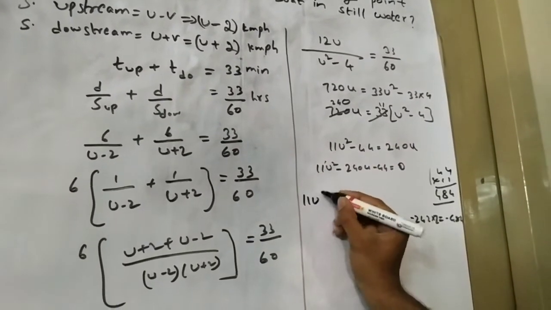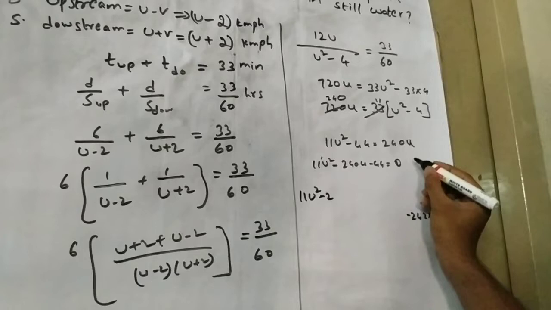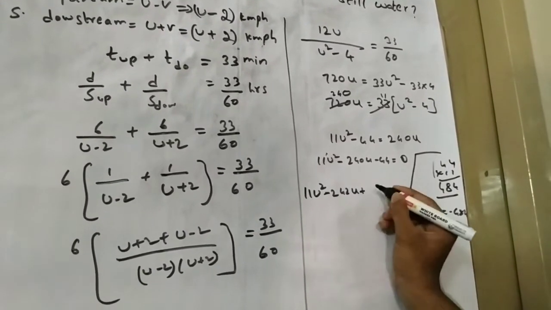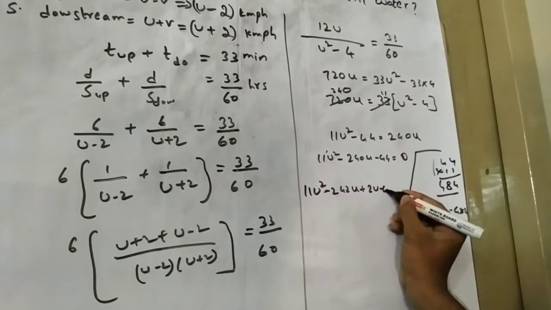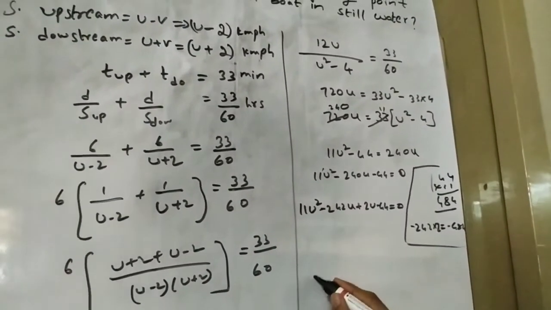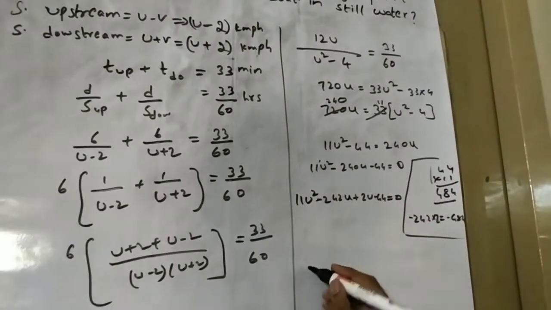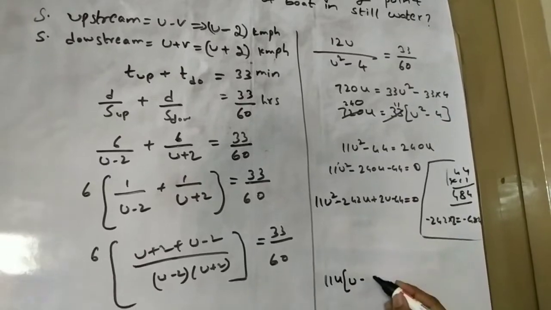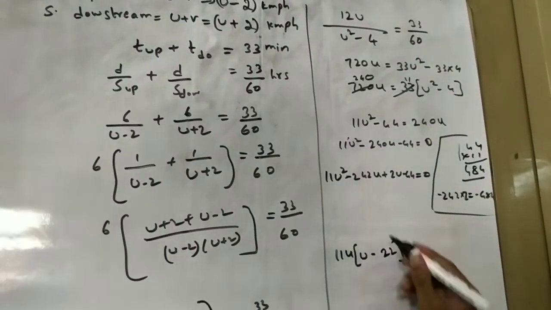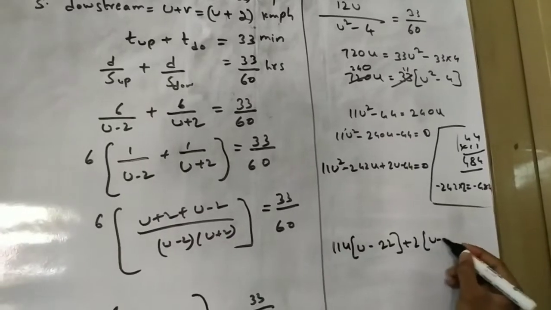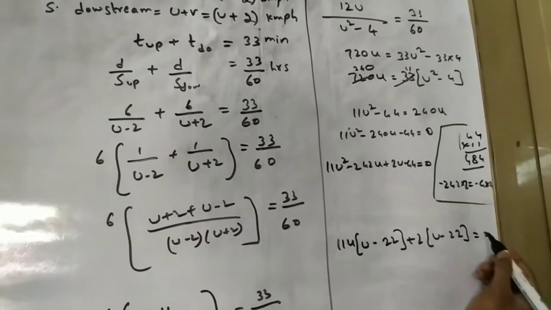We can write it as 11 u square minus 242u plus 2u minus 44 is equal to 0. Taking 11u common, 11u into (u minus 22) plus 2 common, 2 into (u minus 22) is equal to 0.